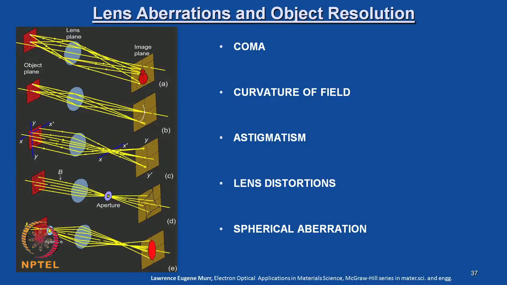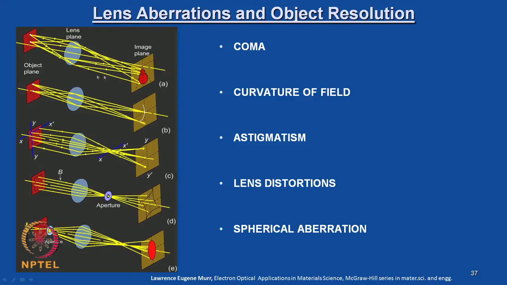So, it is just a recap of what we have seen, the type of aberrations, the schematic. I have just put everything in one image because we have already seen them in much more detail when we discussed the light optical systems.